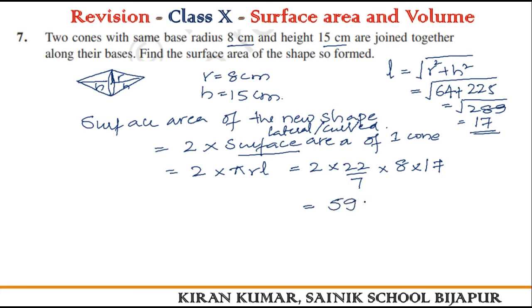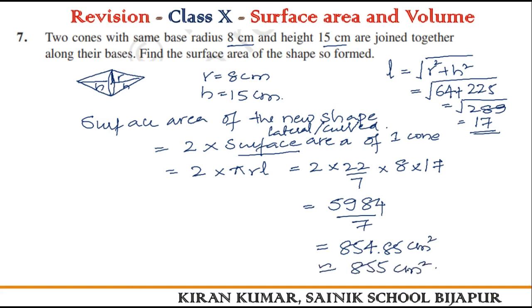This will be 5984 divided by 7. Approximately we get 854.85 centimeter square. I'll write it as 855 centimeter square. This will be the surface area of the new solid figure formed by two cones.